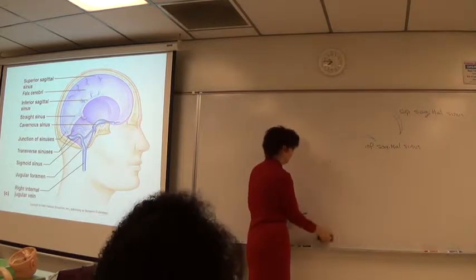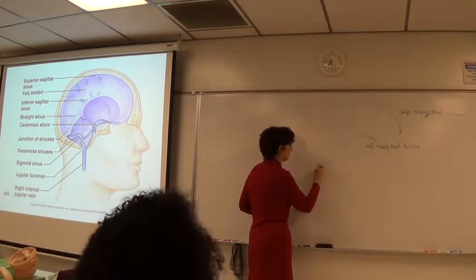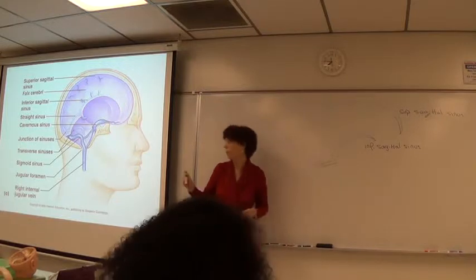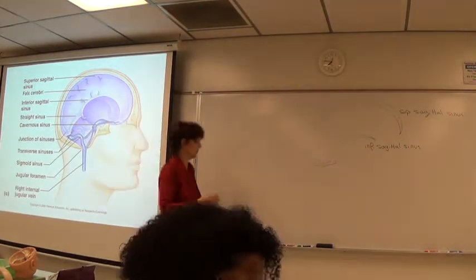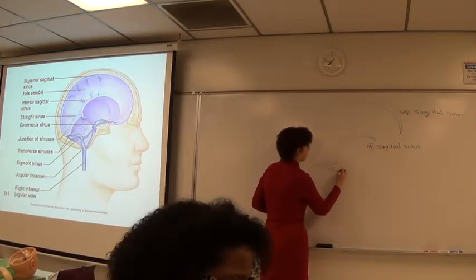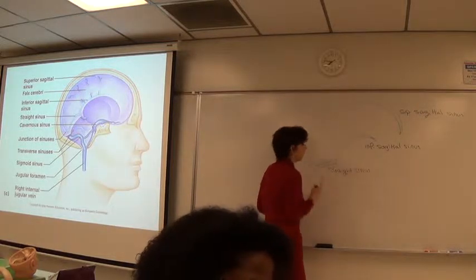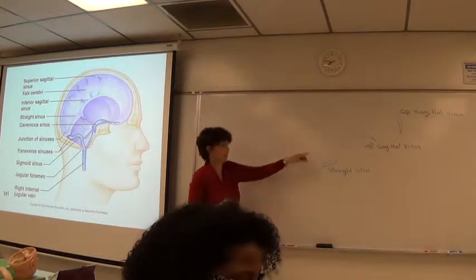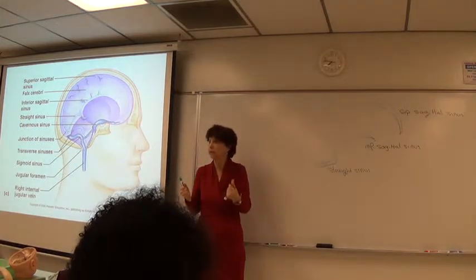Over here. And that's known as the straight sinus. Once it's there, it joins with the fluid in the superior sagittal sinus at a region called the confluence.